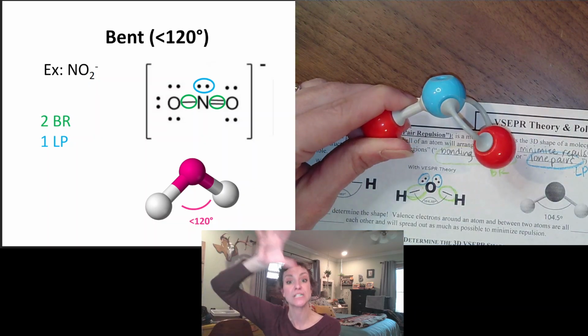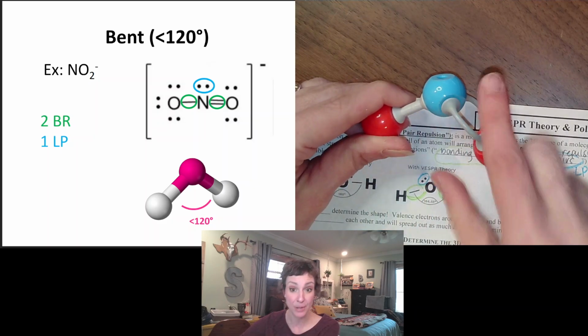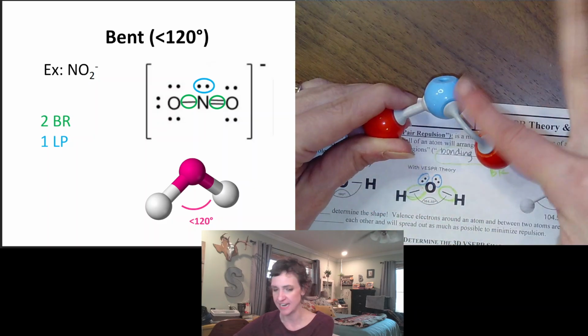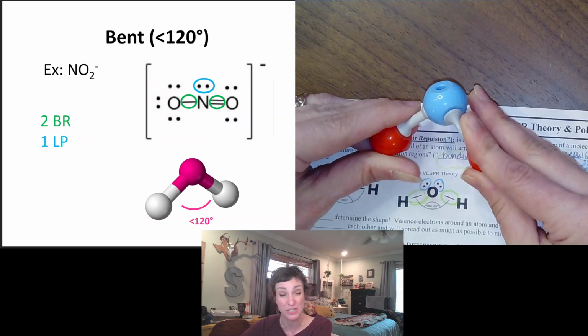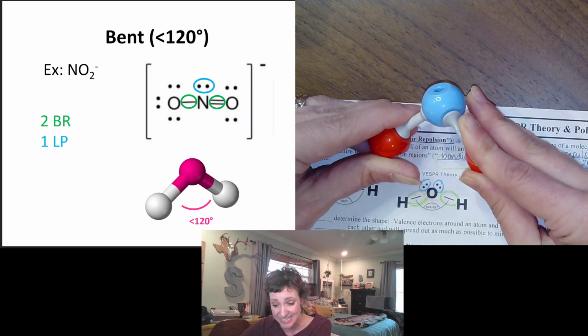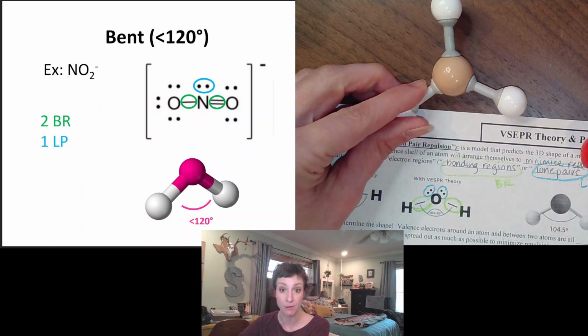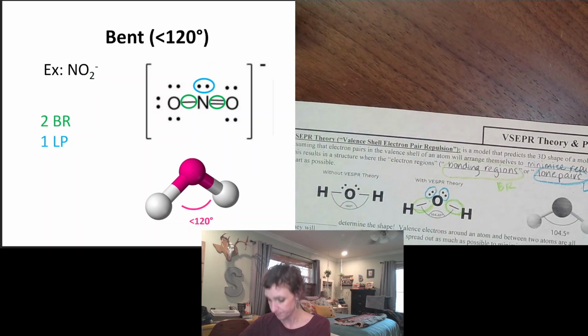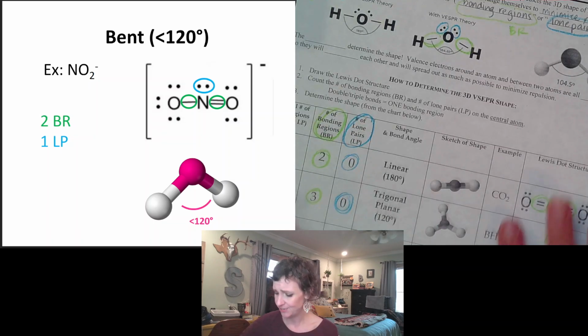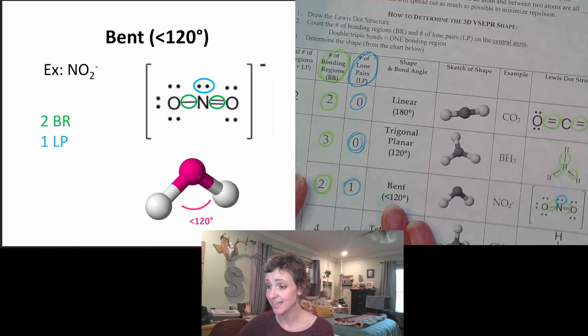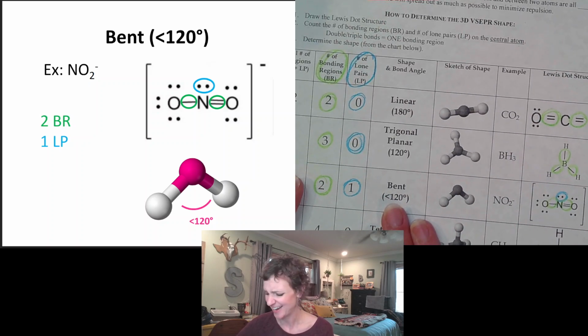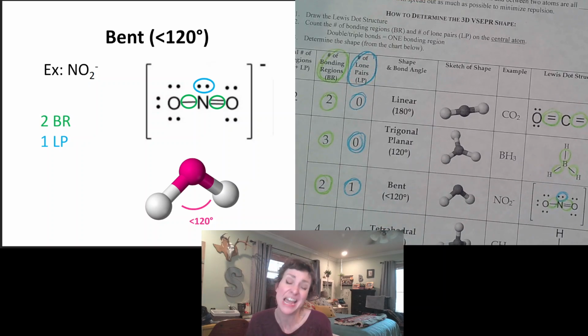It's taking up more space than the electrons in a bonding region. So as a result of taking up more space, it makes the bond angles squeeze a little bit closer together than if it was just truly connected to three outer atoms and having three bonding regions. Regardless, you guys do not need to know bond angles, but I thought that would be very interesting to explain that these lone pairs actually take up more space than my electrons in my bonding regions.